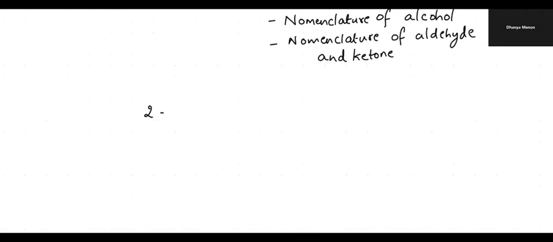So if I write the IUPAC name of a compound, 2-chloro butane 1-oic acid, and if E and O are coming near each other, we just ignore this E. Now in this name, 2-chloro represents the substituent.